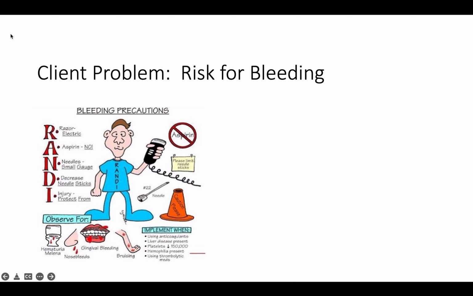Okay, so we're doing something with a 22 gauge or less if we are able. They're also not going to be on any aspirin, and if they need to shave or have grooming, we want them to use an electric razor. Okay, this would be for thrombocytopenia or even maybe in aplastic anemia if we've got a platelet count that's decreasing.